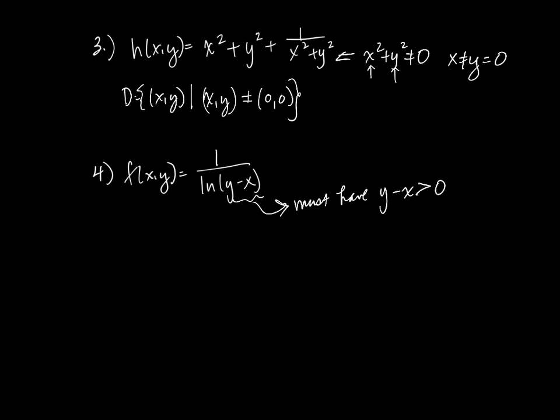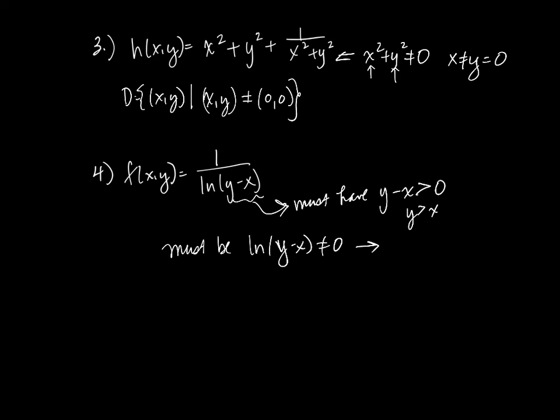You can't take the log of a negative and you can't take the log of 0. So that means if we add x to both sides, y must be greater than x. The other condition we have is that ln of y minus x cannot be 0.